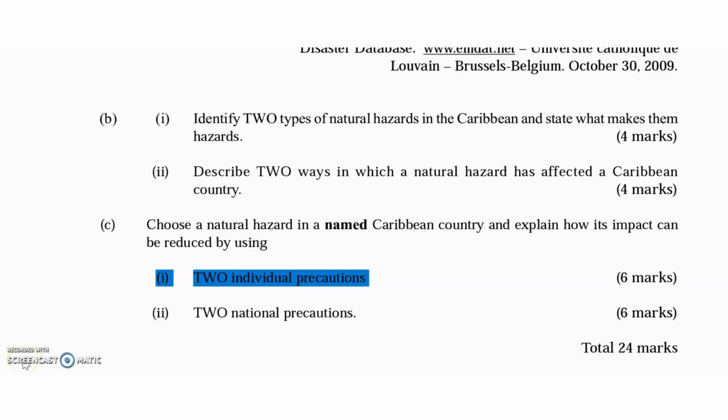Now, this Caribbean island is actually situated further north of all the others. As a matter of fact, this area was greatly affected by hurricanes in the past. All right. Two individual approaches can simply be, number one, people can stock up on canned foods as well as potable water and medical care, in the event that food availability is compromised and water and its potability is compromised as well.